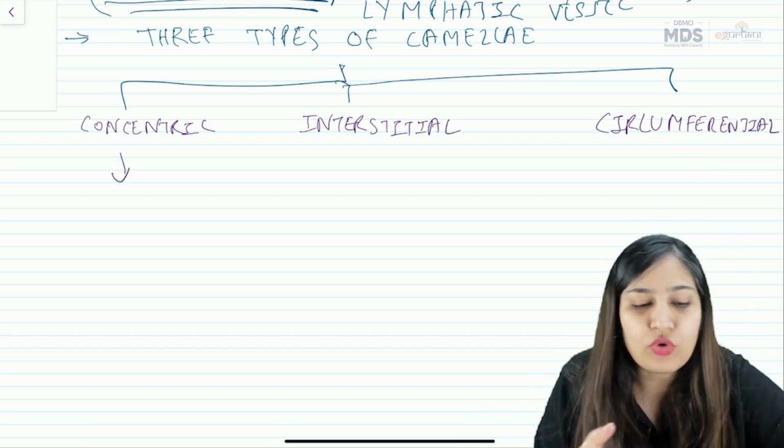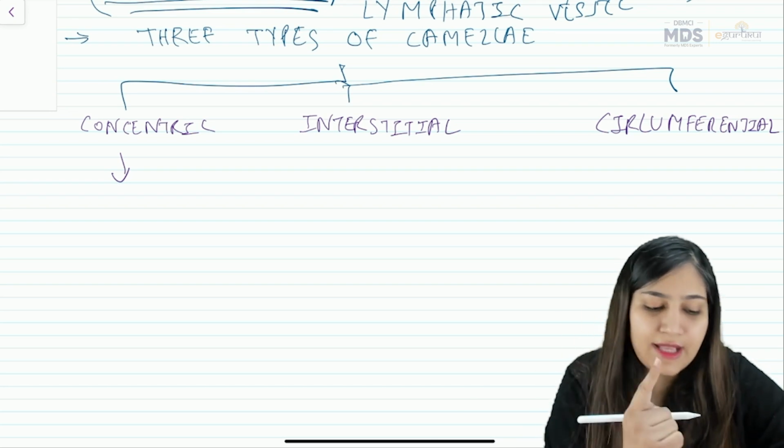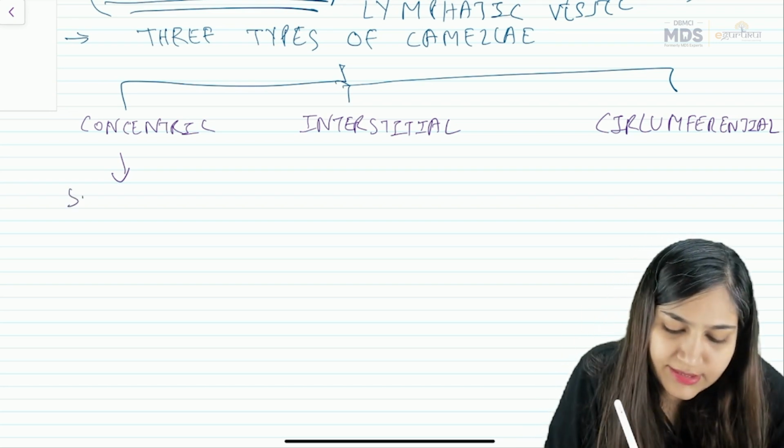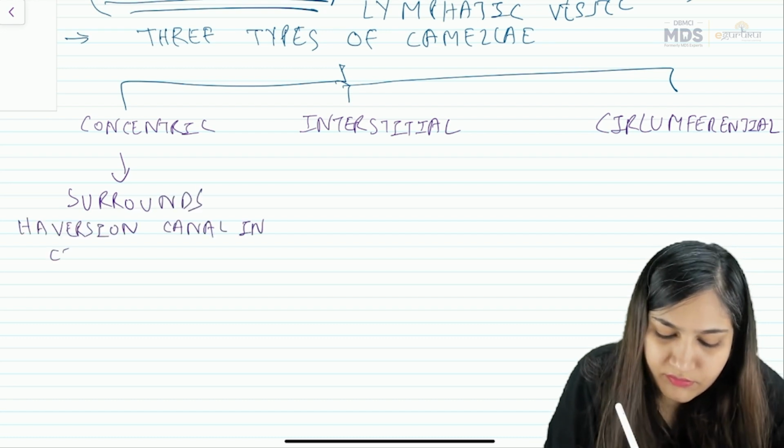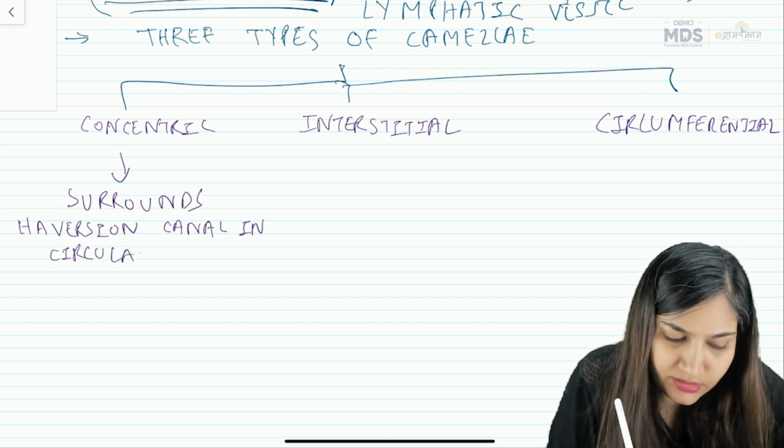Concentric lamella surrounds the Haversian canal in a circular pattern.